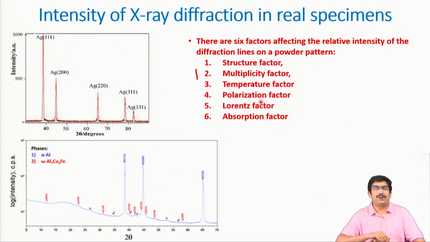We said that 1 plus cos square 2 theta by 2 is called the polarization factor, which simply enters the diffracted beam intensity because the beam is not polarized. If it is polarized, then this factor won't be there.